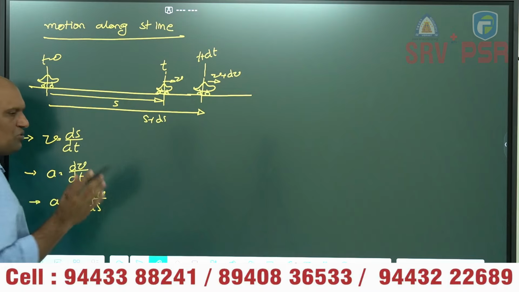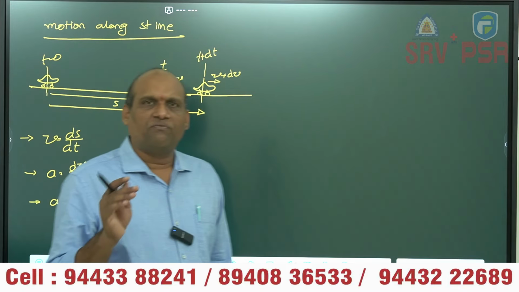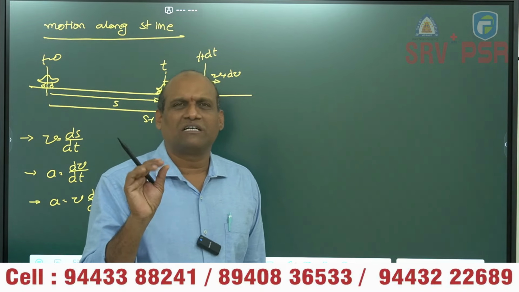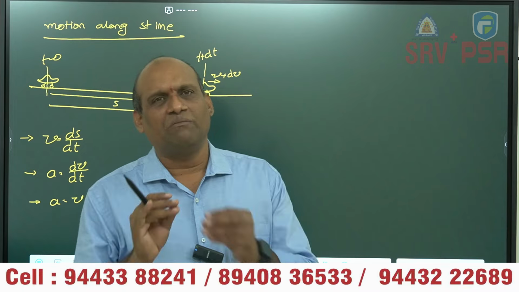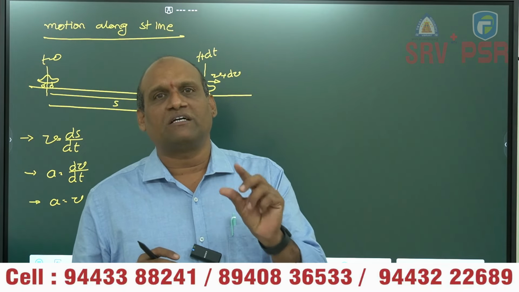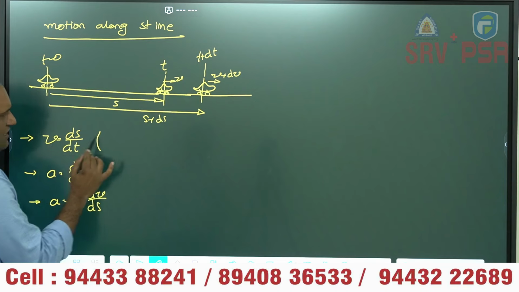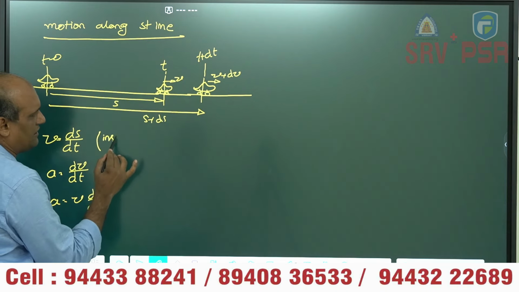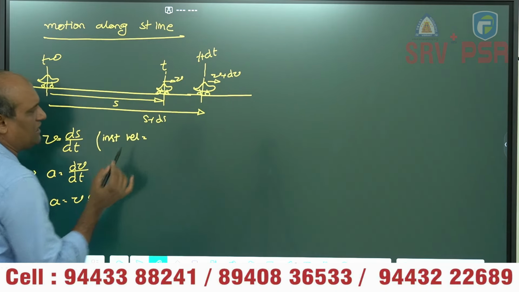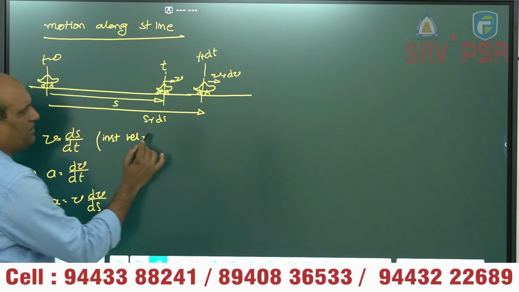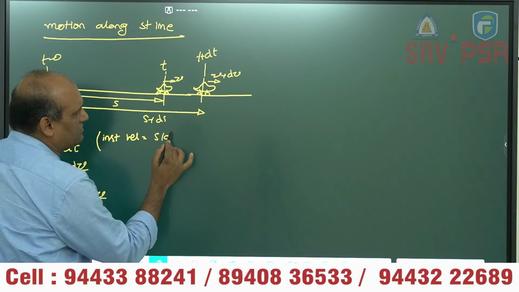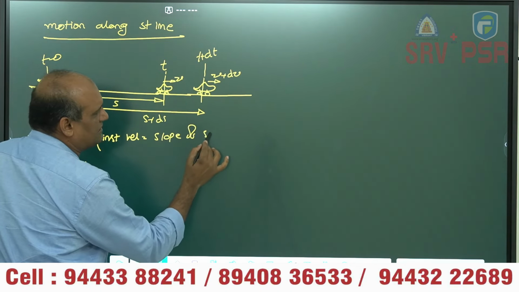And from here we know dy by dx in any graph is called the slope of the graph. So I can say here instantaneous velocity equal to the slope of the st graph.